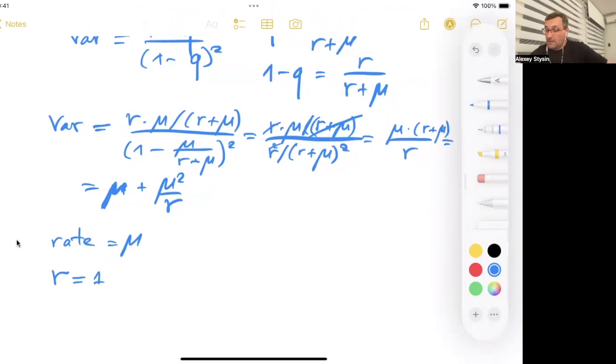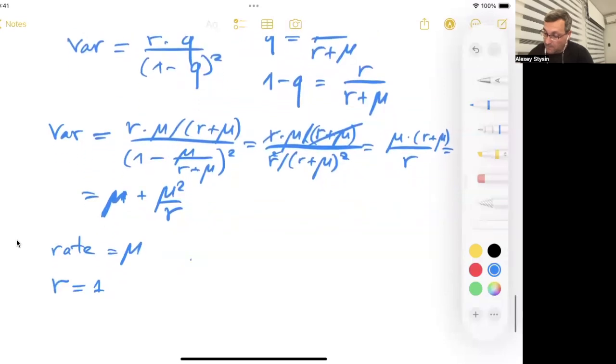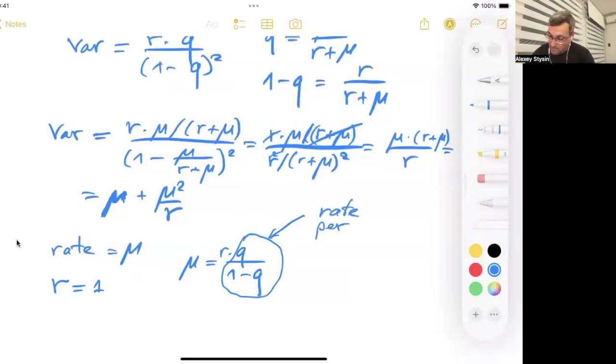And in this case, we are going to get that mu is going to be just Q over 1 minus Q. But originally the R was here. So this thing, we could name it rate per unit, like maybe click per impression. And the interpretation of R is number of impressions.